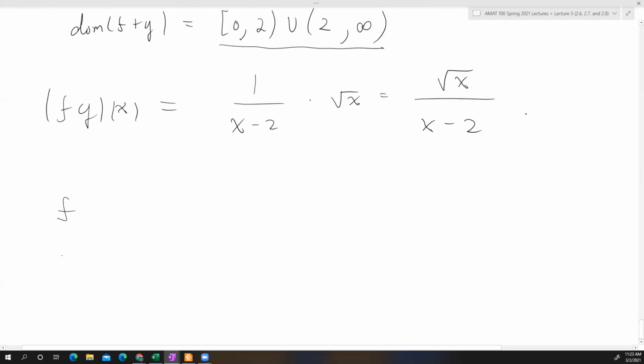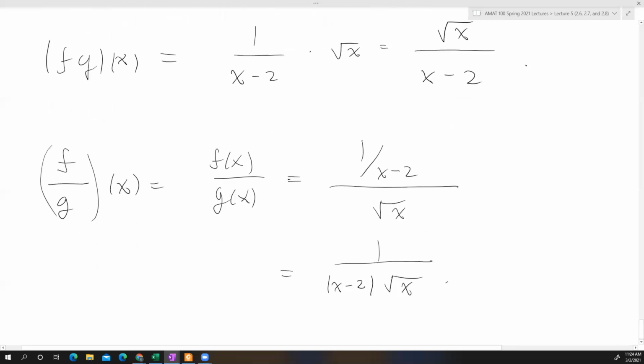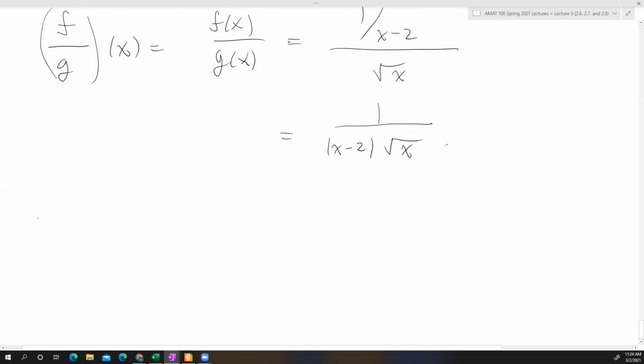I just want to look at the fraction. If you do that, what you get is the following. And you can simplify this to get 1 over x minus 2 times that. So now the domain of this, we already have some of the domain.